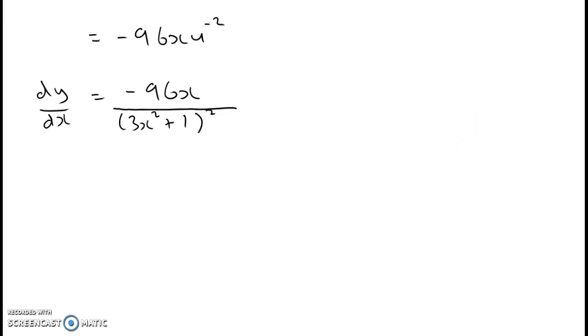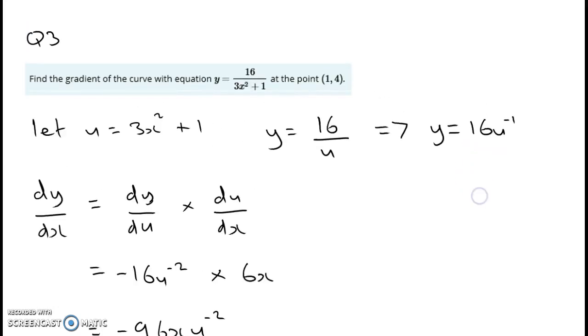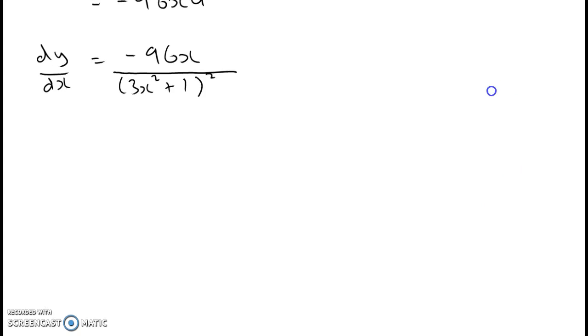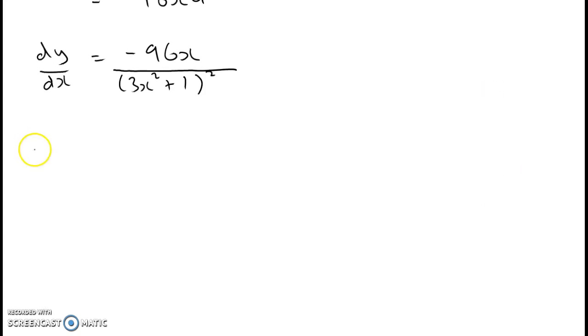Alrighty, but this question is actually asking us to find the gradient of the curve at the point (1, 4). So in order to find the gradient at the point (1, 4), we need to substitute x equals 1. So at x equals 1, dy/dx equals minus 96.